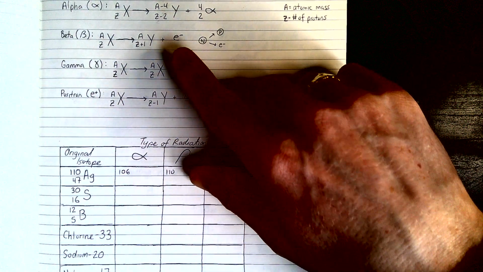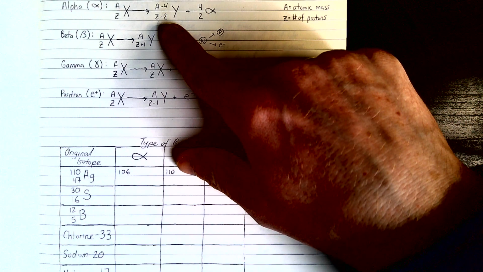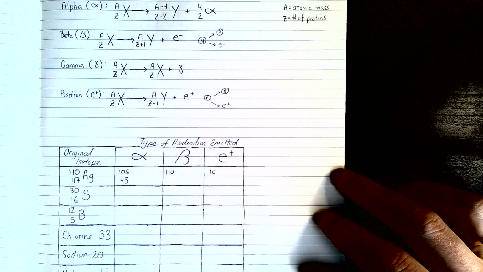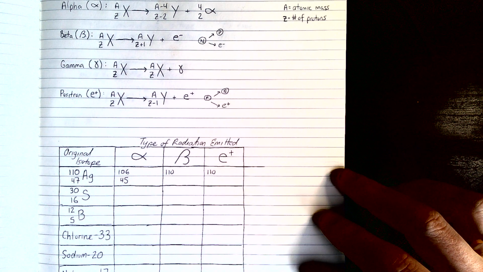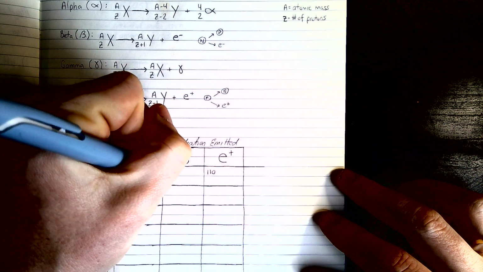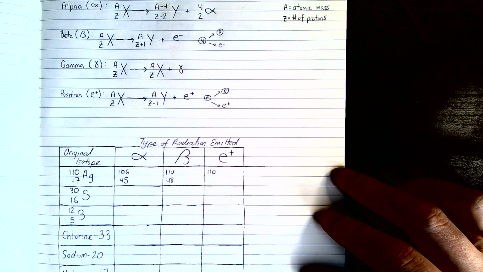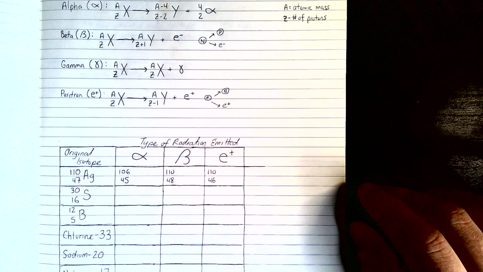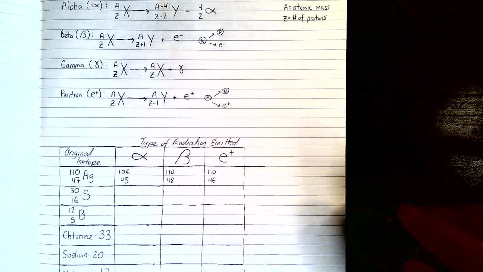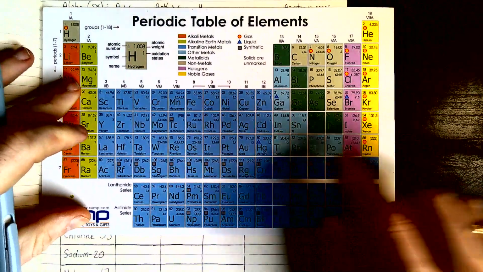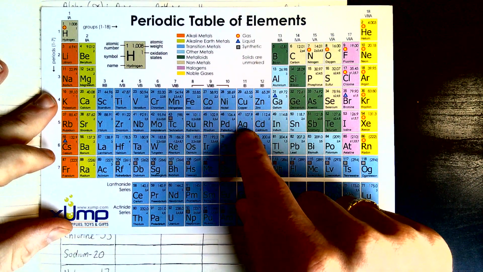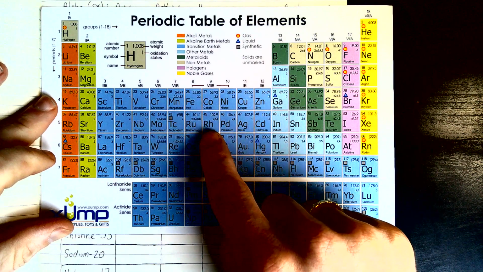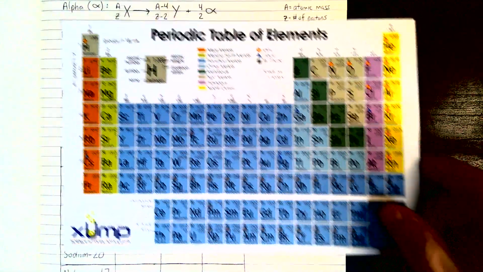Now for atomic number, the number of protons, with alpha decay, it goes down by 2. Go down from 47 to 45. Beta decay increases by 1. And positron, we decrease by 1. And now to figure out what elements we've become, we take a look at the periodic table. Here's silver. The first time we did alpha decay, we went down by 2, and we became Rh, rhodium.